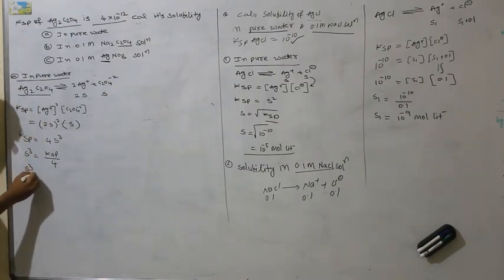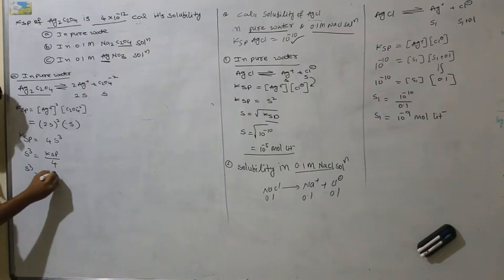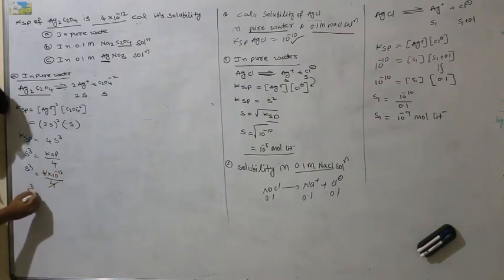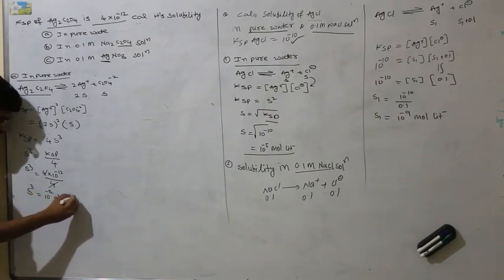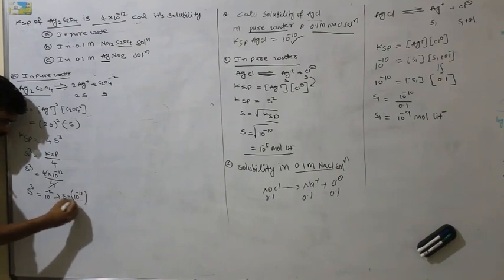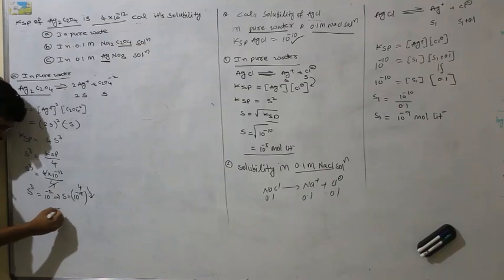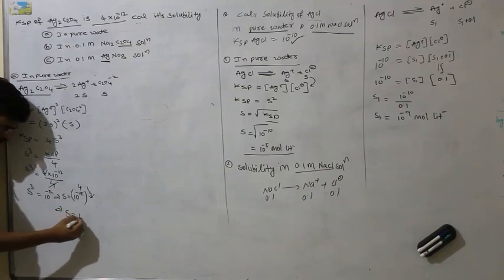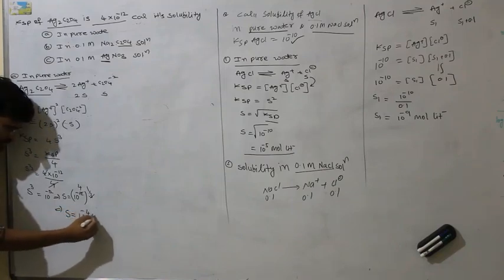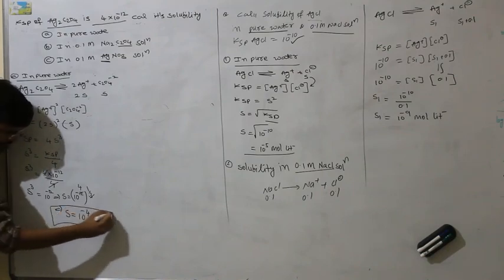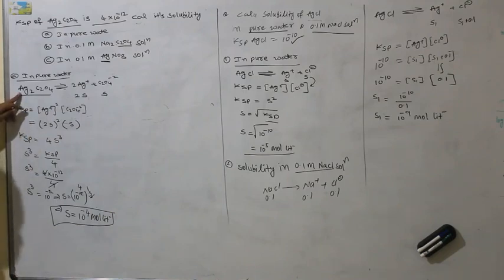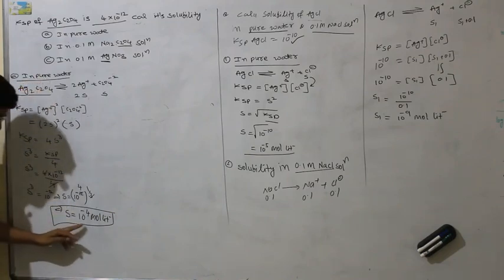So S cube is equal to 4 into 10 power minus 12 by 4. 4 cancels. S cube is equal to 10 power minus 12. So S is equal to 10 power minus 12 whole power 1 by 3. If you cancel that, the solubility in pure water will be 10 power minus 4 mole per liter. The solubility of silver oxalate in pure water is 10 power minus 4.